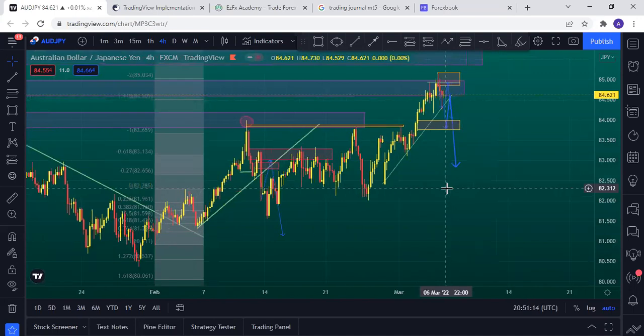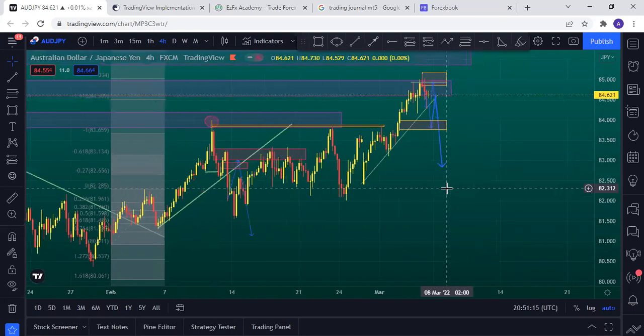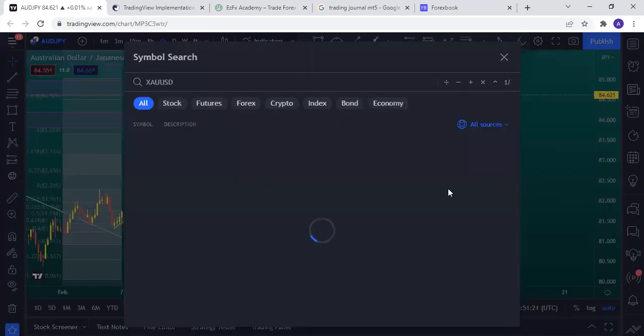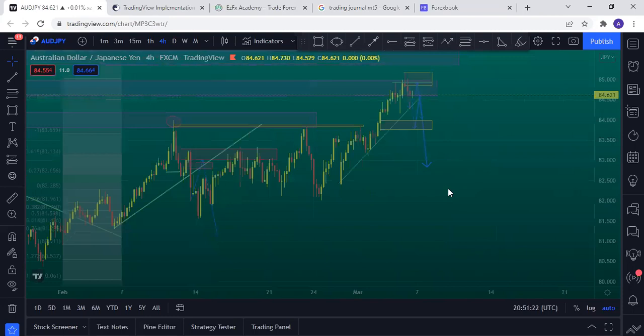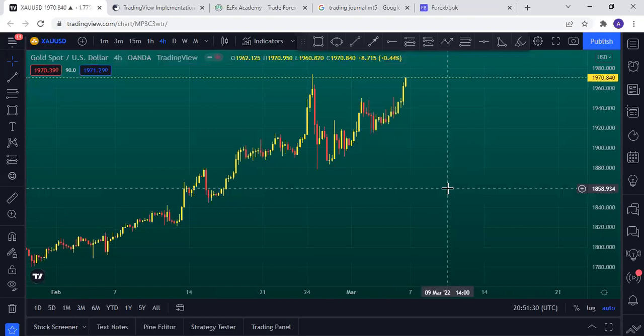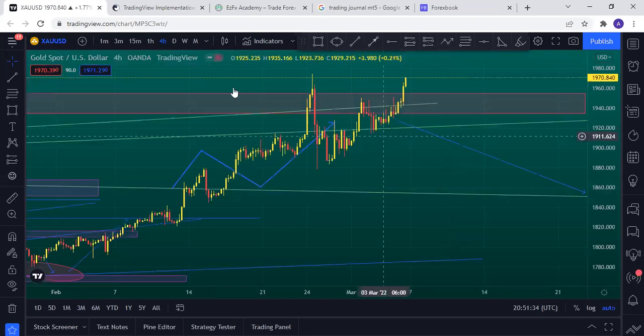One of the commodities people keep asking me about is XAUUSD, gold. Let's take a quick look at gold. Beautiful.